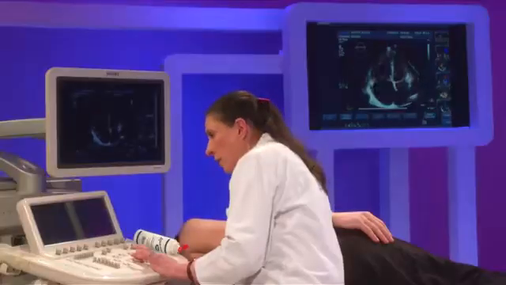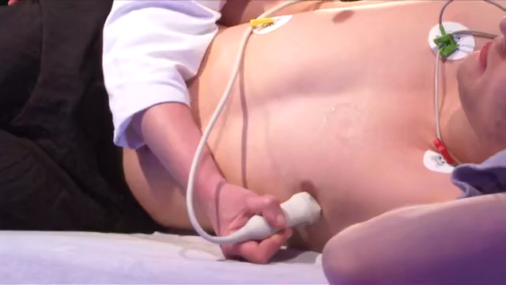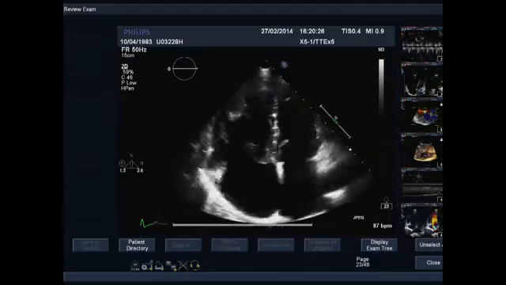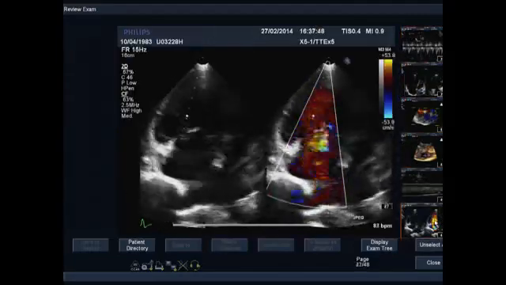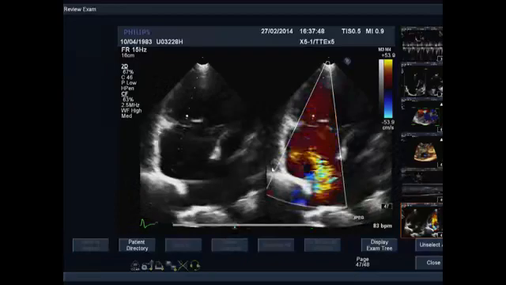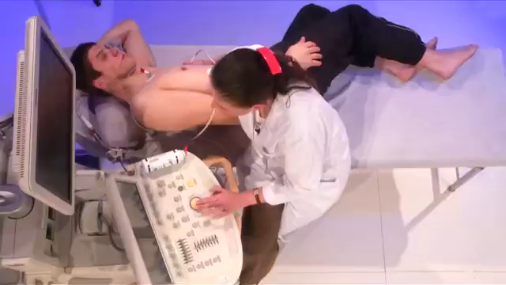For this reason, I will suggest you use this view but slightly tilt your probe to get a modified 4-chamber view. Here I have put side by side the black and white or 2D image and the color Doppler image, and you will be sure that you have a defect, because now you are no longer aligned with your ultrasound beam.